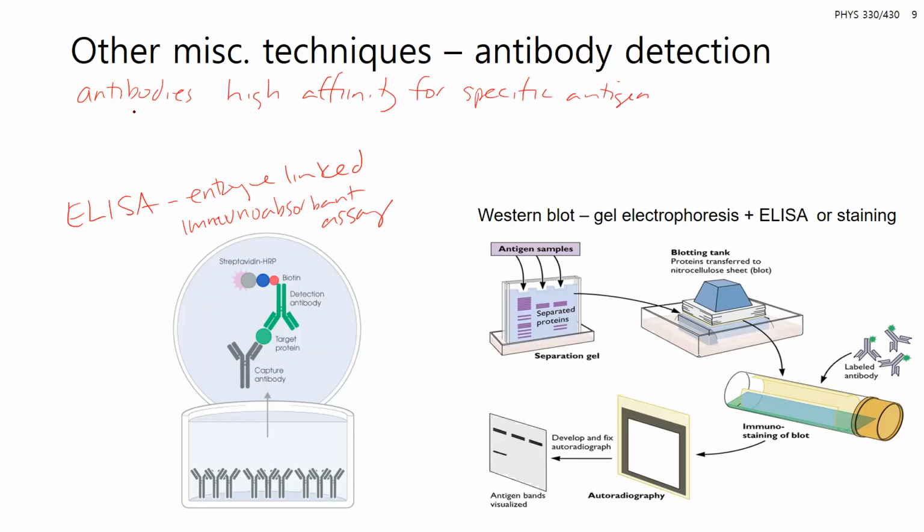So antibodies are created naturally by our immune system to target something very specific, like the spike protein on the COVID virus. And ELISA takes advantage of that.